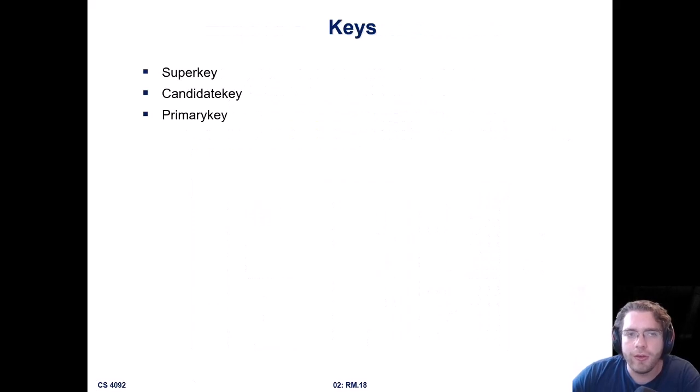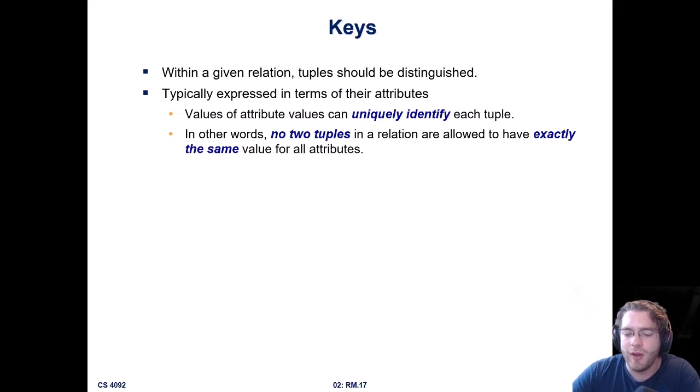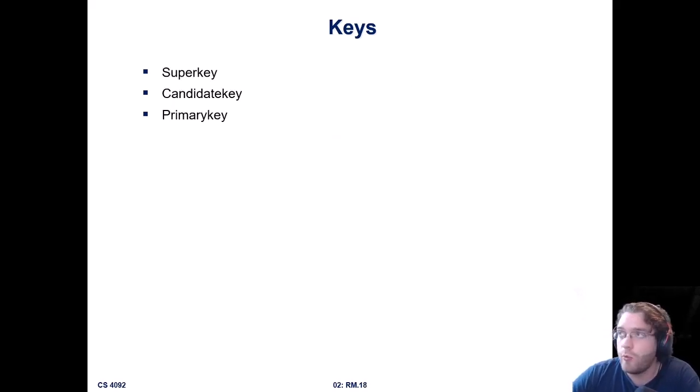When we're taking a look at our keys, we have multiple types of keys that we might have: a super key, a candidate key, and a primary key. Going from the bottom up, a primary key is what's going to identify a relation for us. It's what we saw earlier where we have ID as the instructor primary key to identify it.